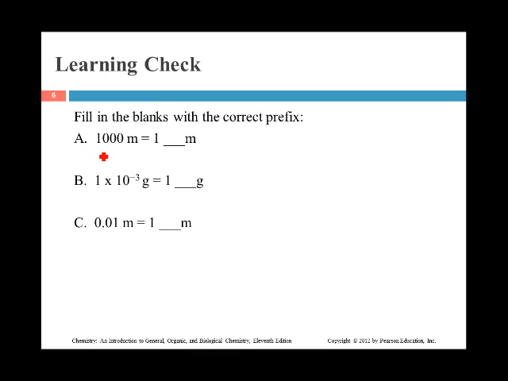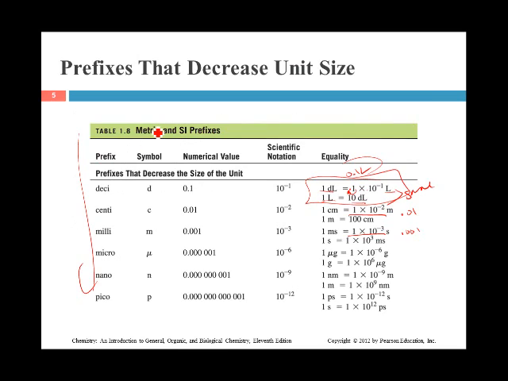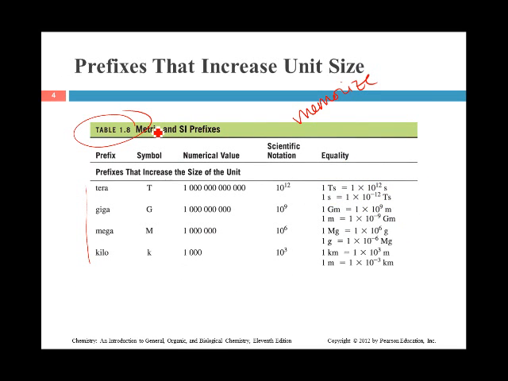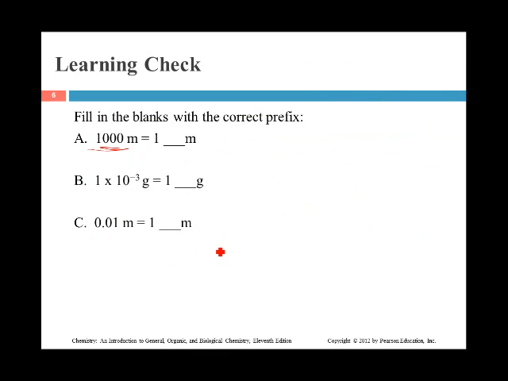So if we take a look at this, 1,000 meters is equal to 1 something meter. Well, 1,000 means kilo. If we look on our chart, kilo here means 1,000. So that means that this is going to be kilometers. 1 times 10 to the negative 3 grams is equal to what kind of grams?